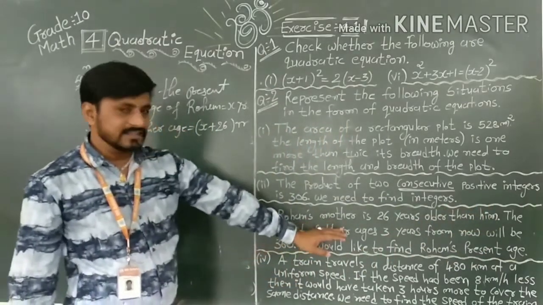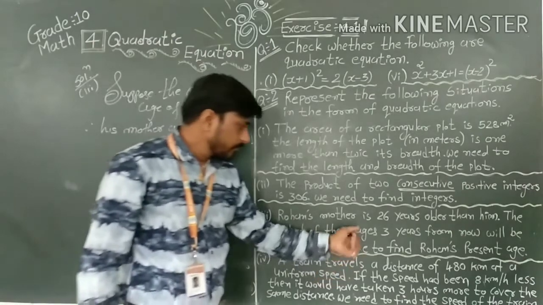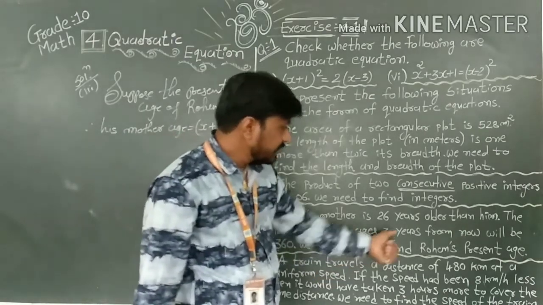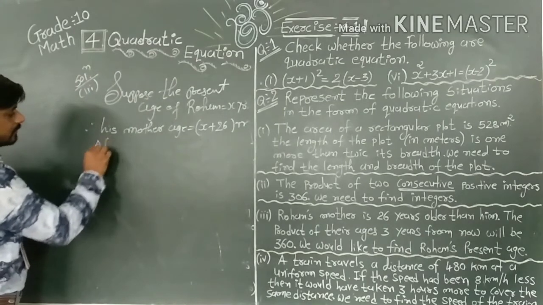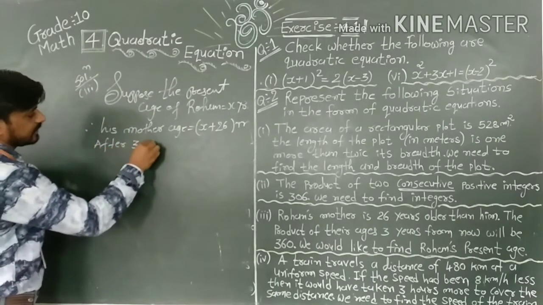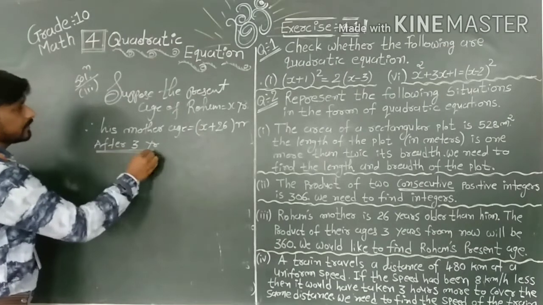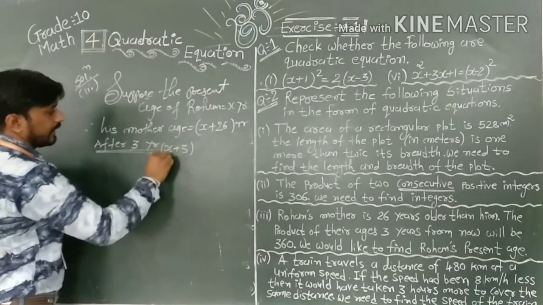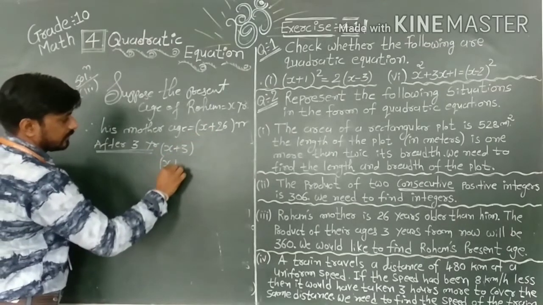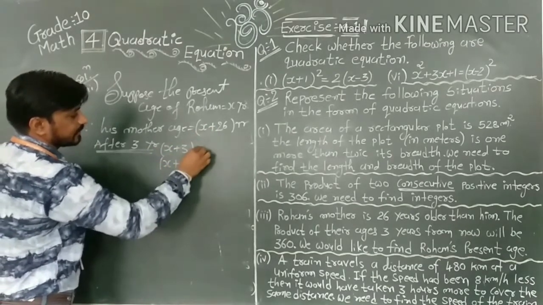The product of their ages, 3 years from now, that means after 3 years, is 360. Rohan will be x plus 3 years and his mother will be x plus 29 years.